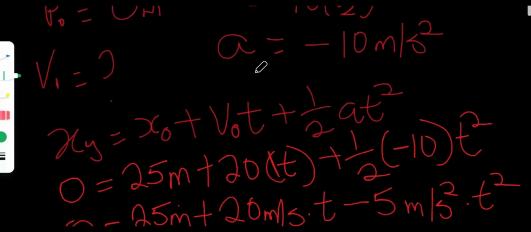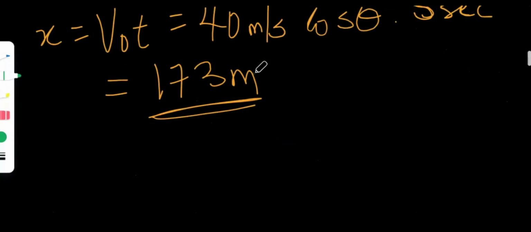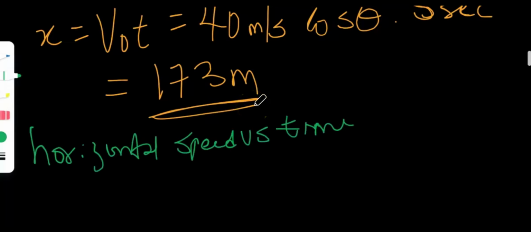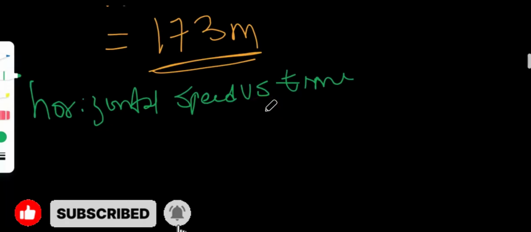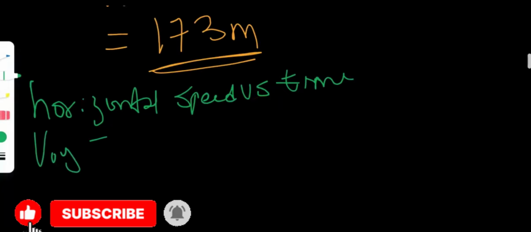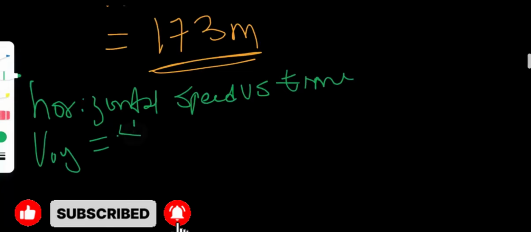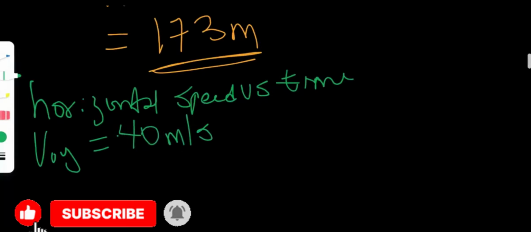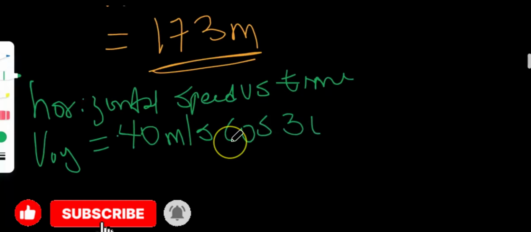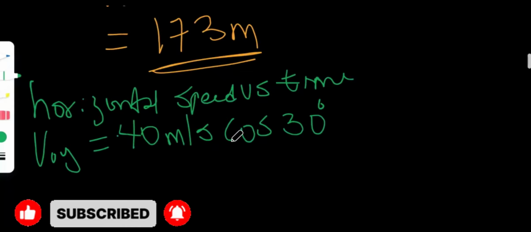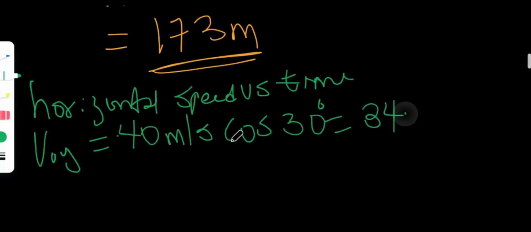So for us to plot this graph accurately, first let's look at the horizontal speed versus time. We know that the initial horizontal velocity is 40 meters per second times cos 30 degrees, and that will give us 34.6 meters per second.